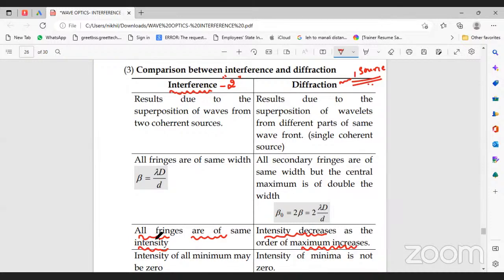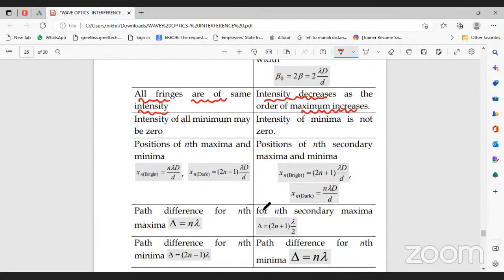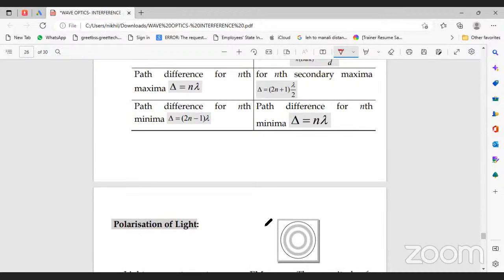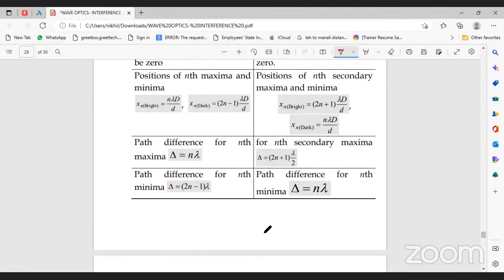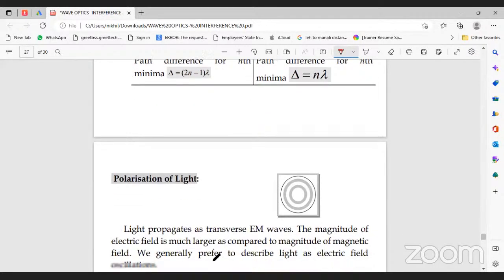And in interference all fringes are equally spaced. But in the case of diffraction, the separation between the two bands is not the same. Got it? Yes, sir.